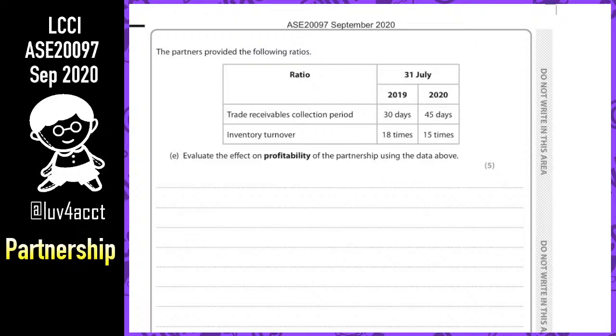Evaluate the effect on profitability. Oh, then that's easy. Just like our previous question. Increase in inventory, how will it affect profitability and liquidity? Now it focuses on profitability.